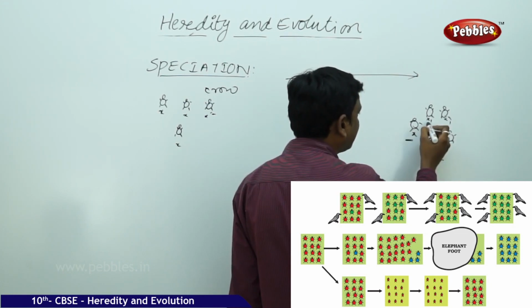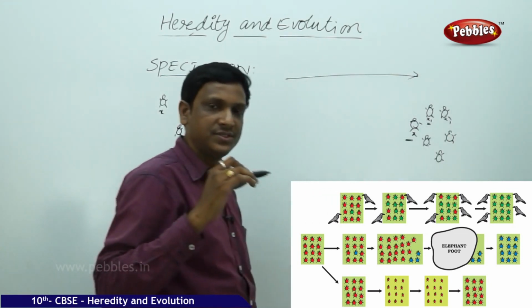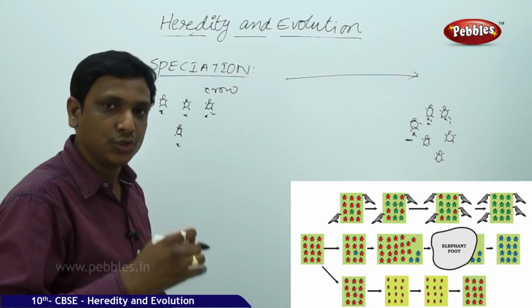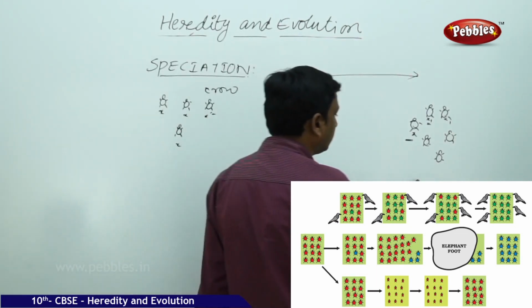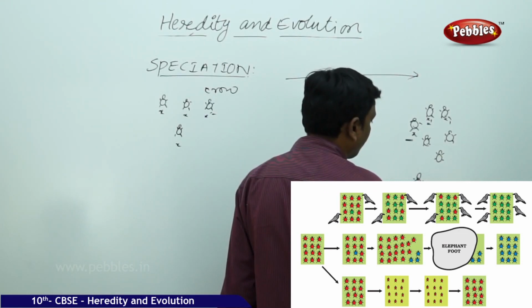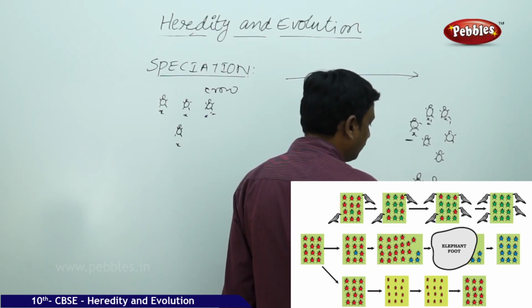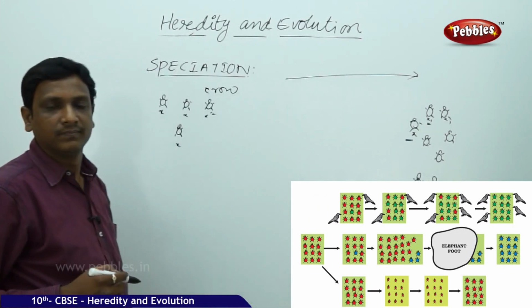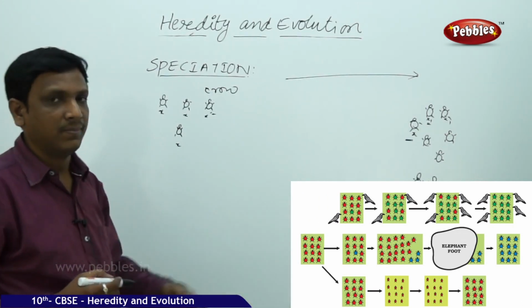Now just think that if this X is able to reproduce, able to mate with X1 in the new location, they produce a beetle.